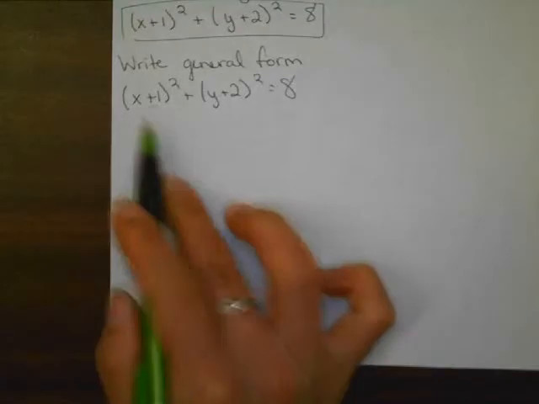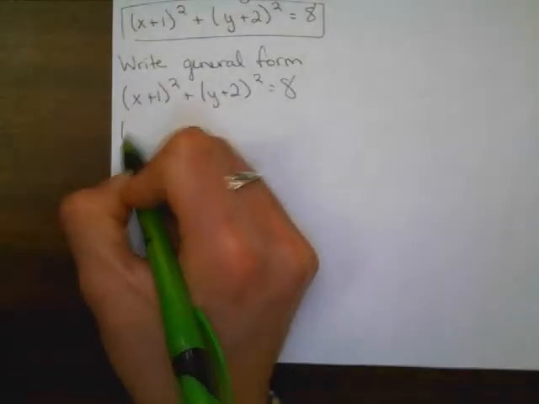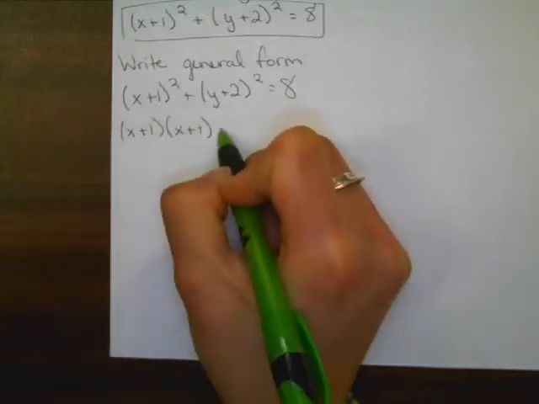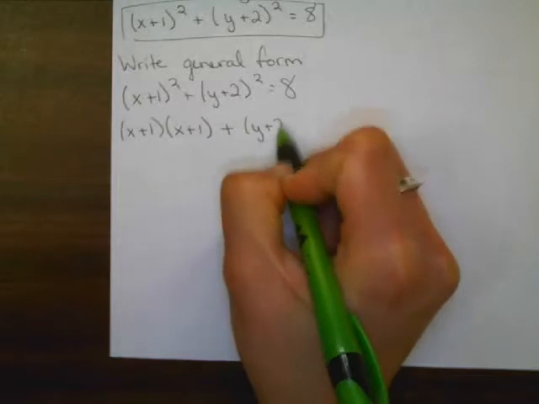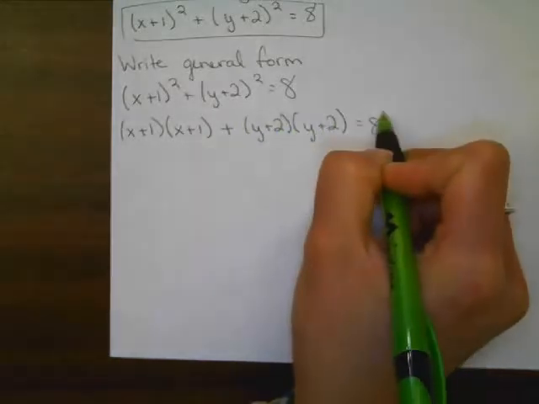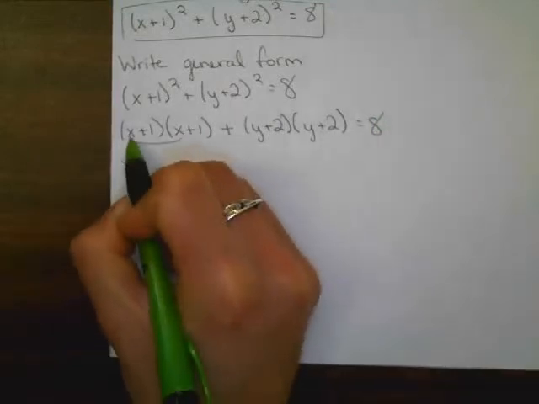Well, to do that, all you do is simplify what this formula says. So (x + 1)^2 is going to be (x + 1) times (x + 1), plus (y + 2) times (y + 2), and that equals 8. And now we simplify. X times x is x squared.